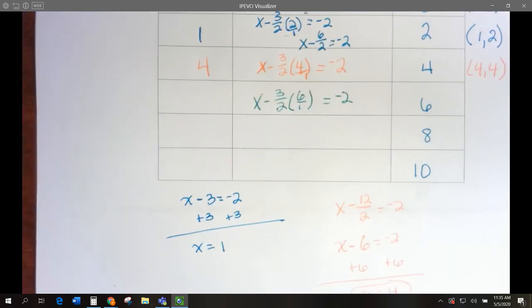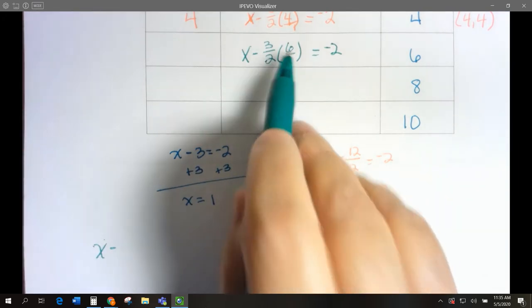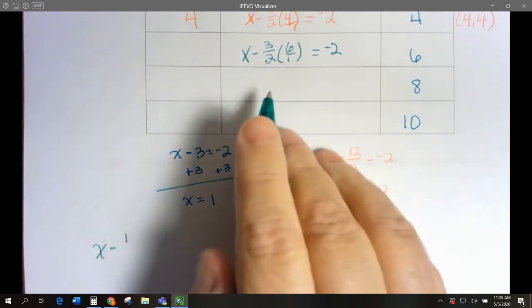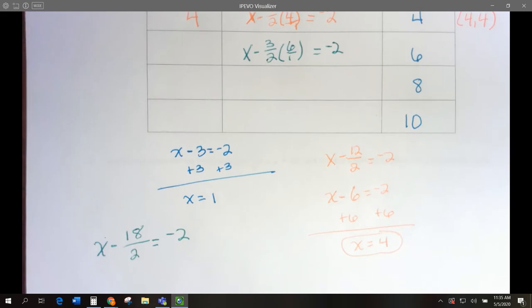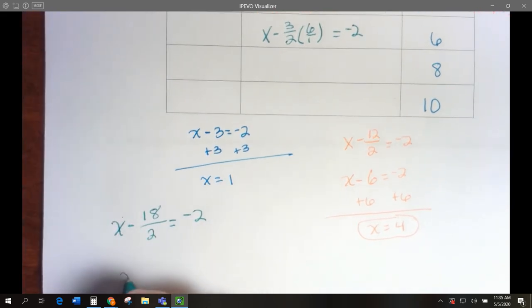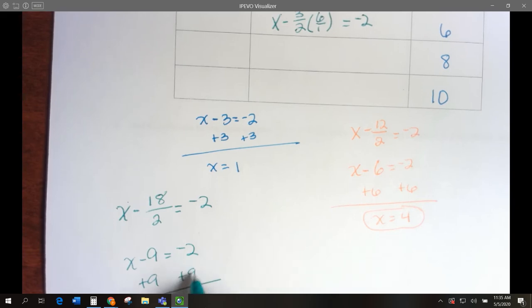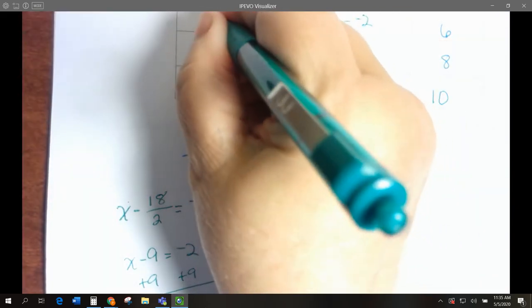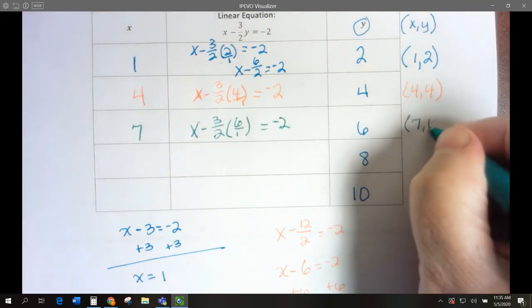So x minus 3 times 6 is 18, 2 times 1 is 2, equals negative 2. 18 divided by 2 is 9. x minus 9 equals negative 2. We add 9 to both sides, and we get x equals 7. So our coordinate pair here would be 7, 6.